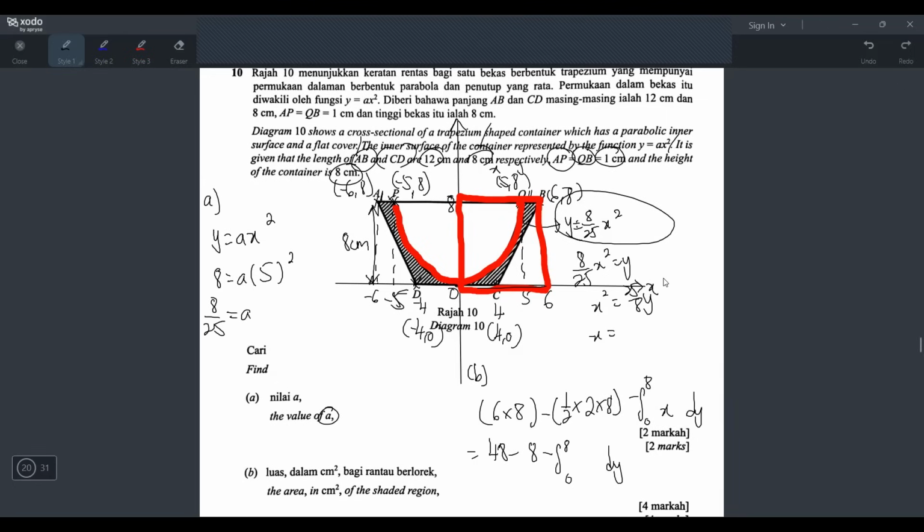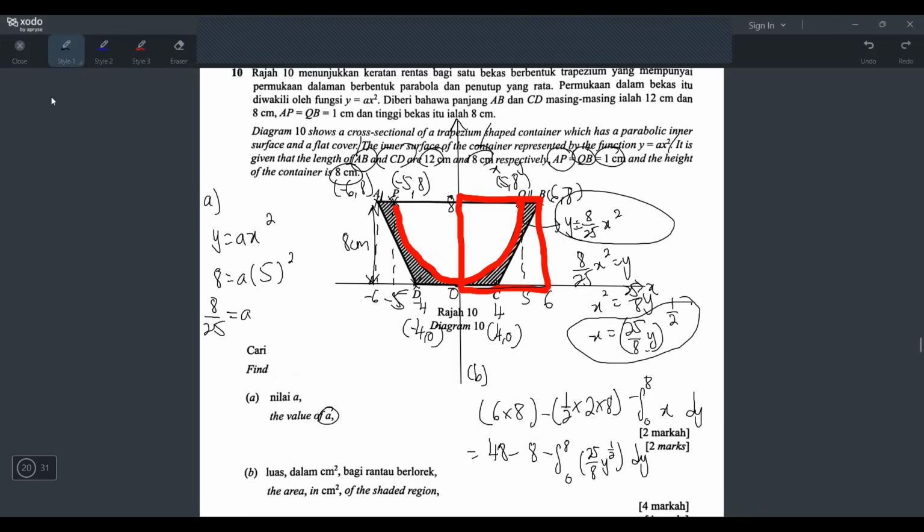So I'm just going to write 25 over 8 y power 1 over 2. Yeah, because if you square root the whole thing it means power 1 over 2, right? So this is the equation. But the y is on top, so you have to write it in the middle. Okay, so this whole thing I will substitute inside here. So now it becomes integrate 25 over 8 y power 1 over 2, close bracket, dy.